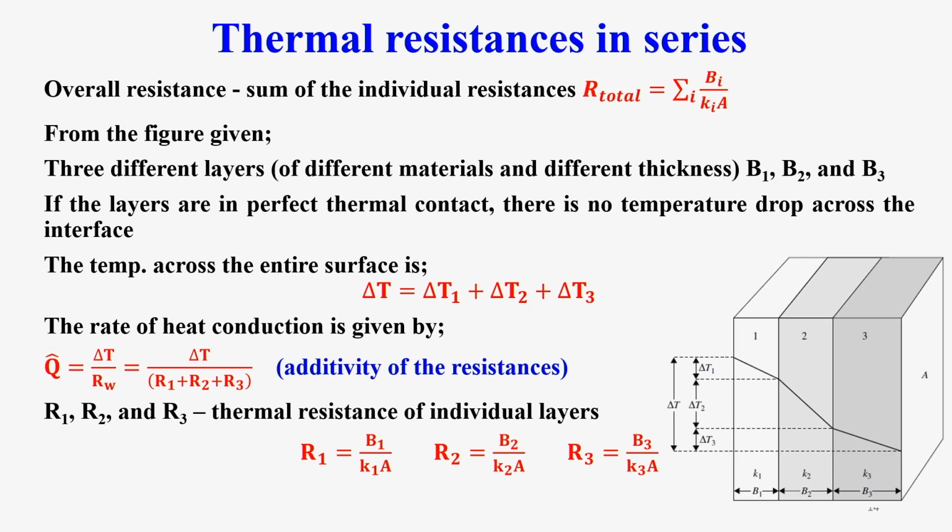Now, many times there may be more than one material, let us say 1, 2 and 3, in series. So, we need to calculate the total resistance. It simply becomes R total as the summation of Bi upon Ki into A.